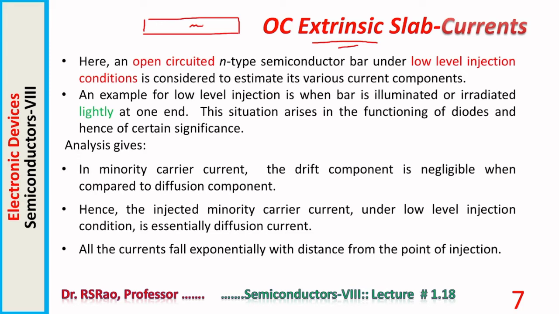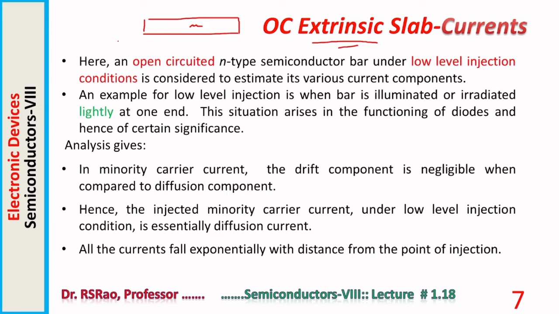So the point is, even though the slab appears to be calm and quiet from outside, inside it is not so. As long as it is above 0 degree Kelvin, inside there is a lot of turmoil in which electrons and holes keep on moving in a random haphazard manner, resulting in currents. We try to estimate those currents right now.